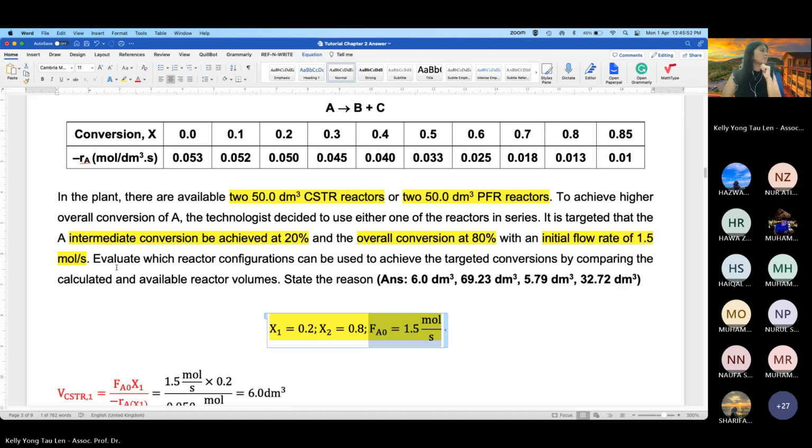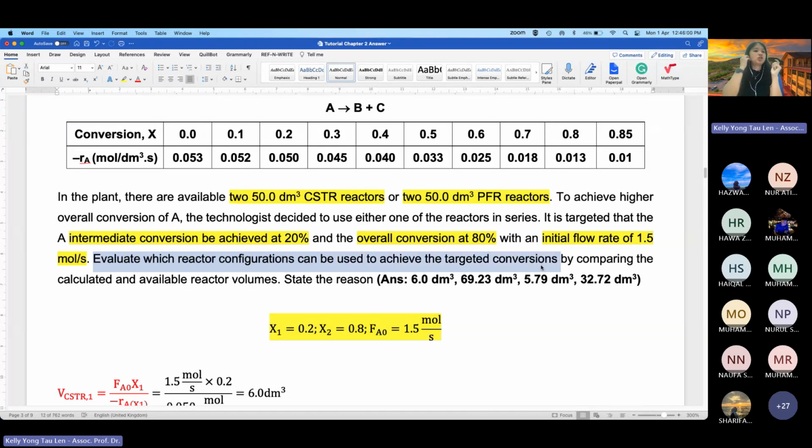So this says, evaluate which reactor configuration can be used to achieve the targeted conversion by comparing the calculated and available reactor volume. So they ask you to evaluate which reactor you want to use, 2 PFR or 2 CSTR.